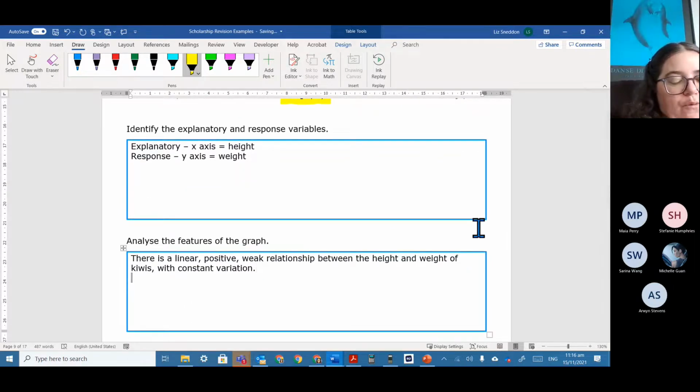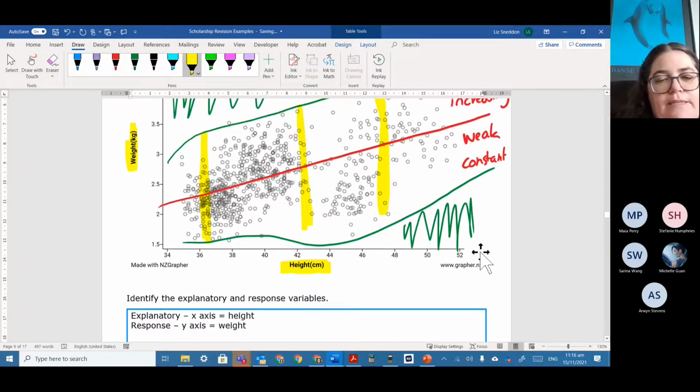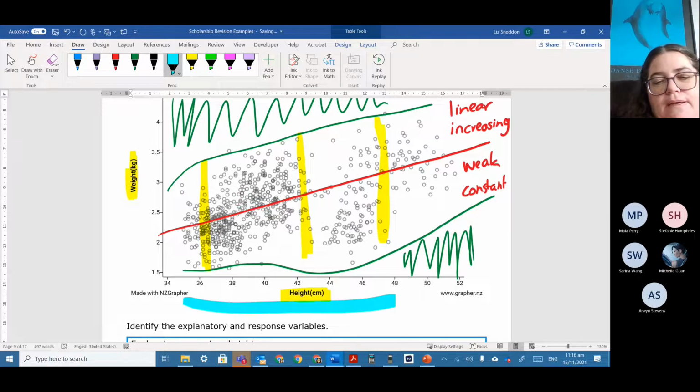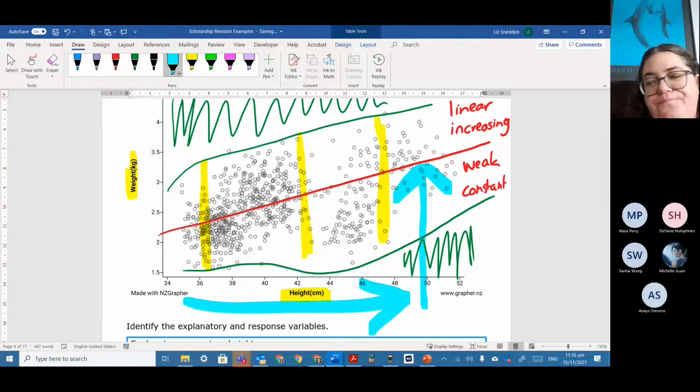And then for justifying, we always want to talk about as the x variable increases, the y variable either increases or decreases. So in this case, our x variable is height. So we would say as the height increases, the weight is increasing. It's a very weak relationship, but there is still a relationship.